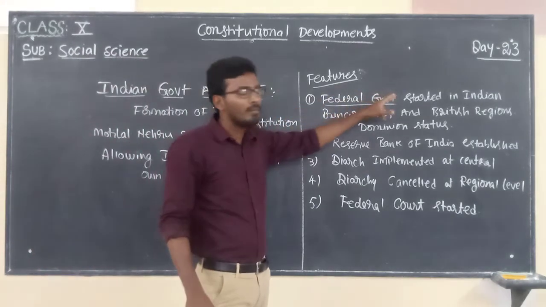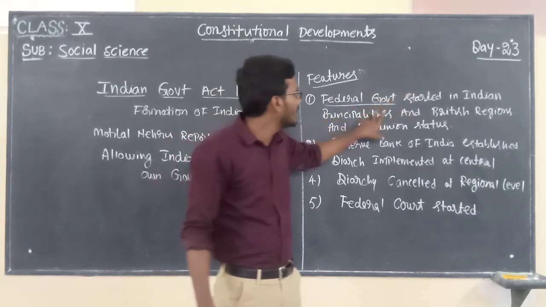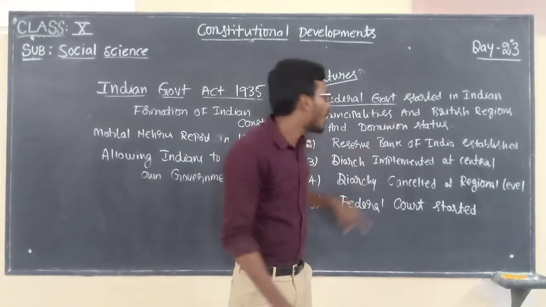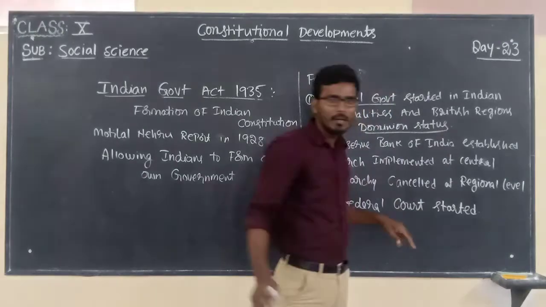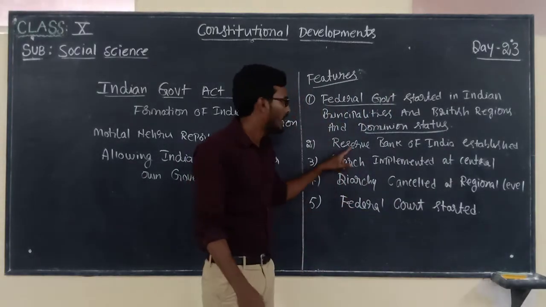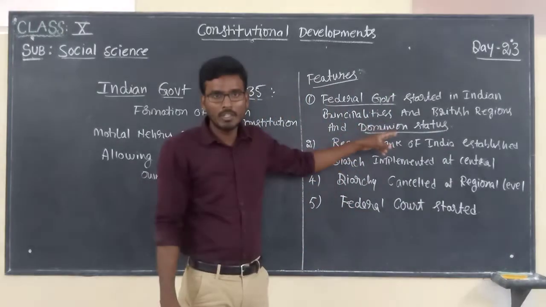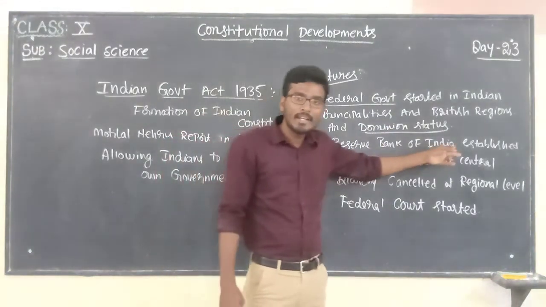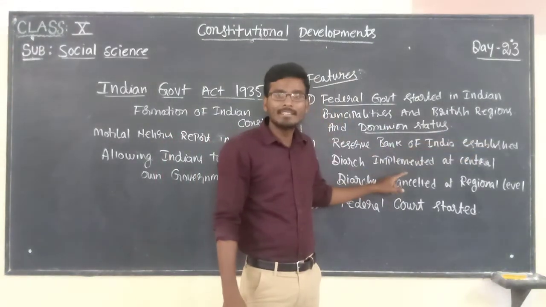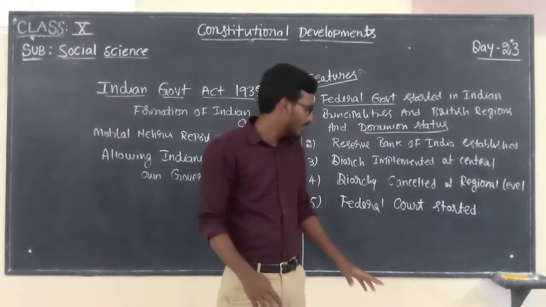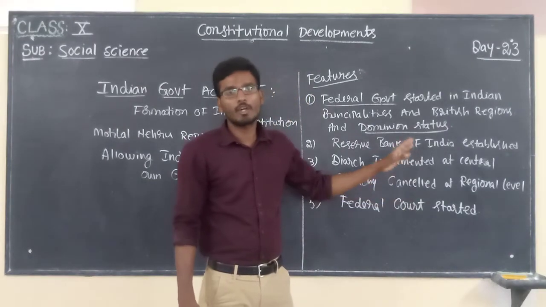See, federal government is started in the Indian principalities and the British region, and dominion status is also given. Dominion means like a special status. And Reserve Bank of India established. Dyarchy implemented at central and cancelled at a regional level, and Federal Court will be established.